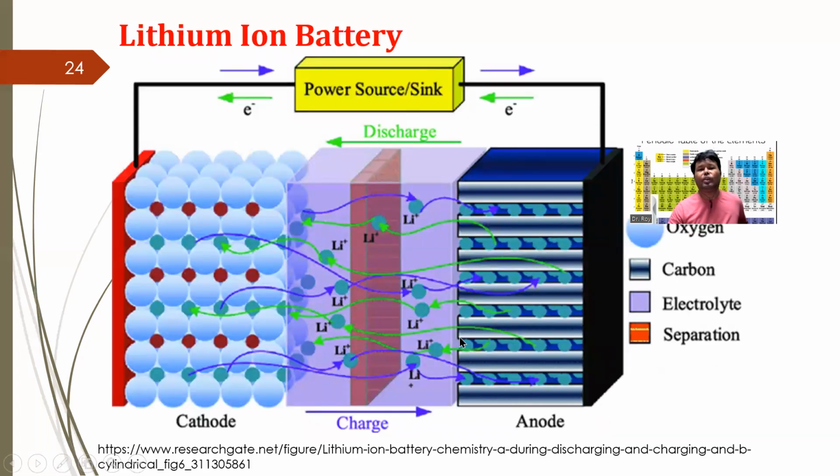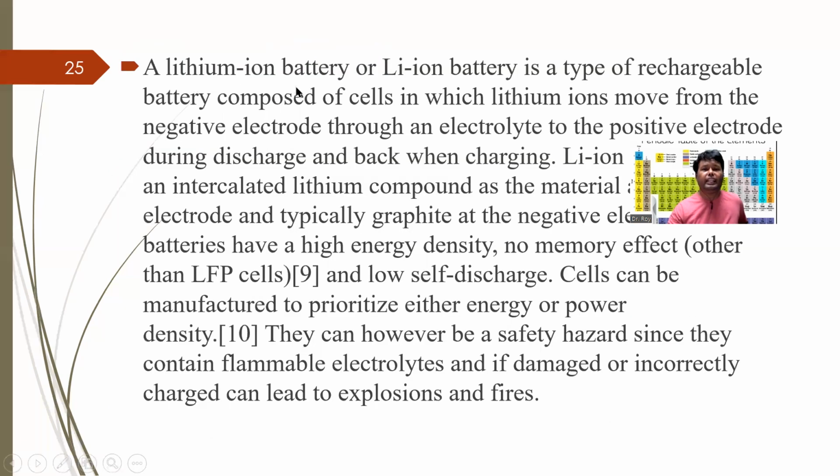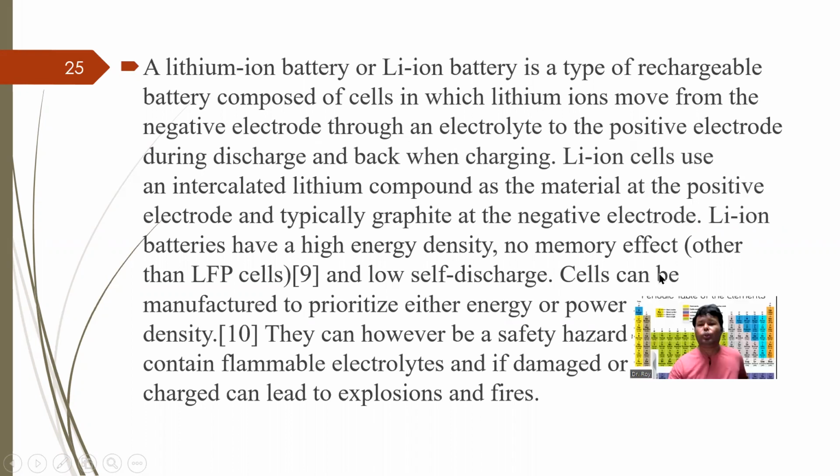The lithium ion battery is what we are mainly using in our mobile phones. A lithium ion battery is a type of rechargeable battery composed of cells in which lithium ions move from the negative electrode through an electrolyte to the positive electrode during discharge and back when charging.